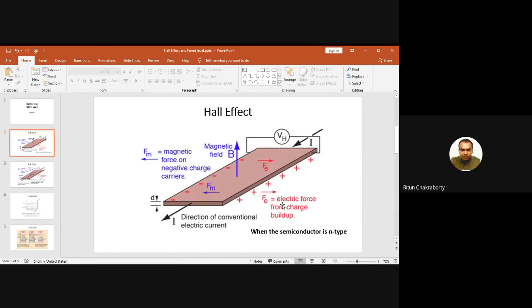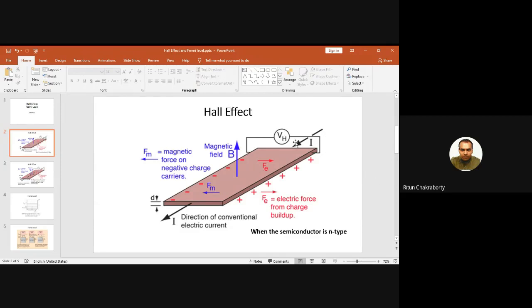Now, what did Hall observe? Hall observed if this happens, then what happens? A potential difference is developed across the material. So which one is the potential difference here? VH. VH, you see, it's given here, VH. So a potential difference is developed across the material, which is perpendicular to both the current and the magnetic field.